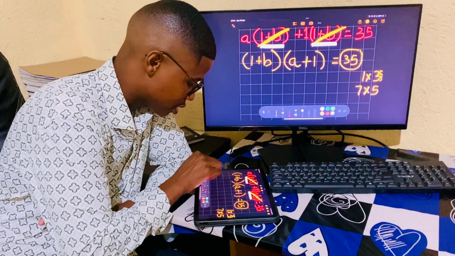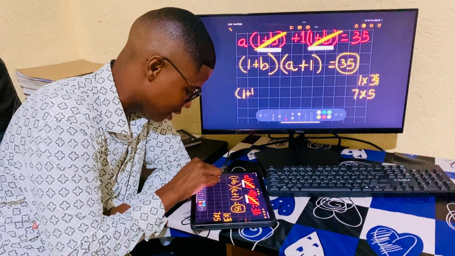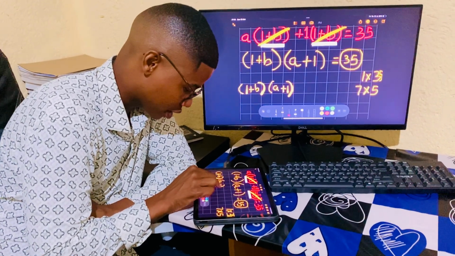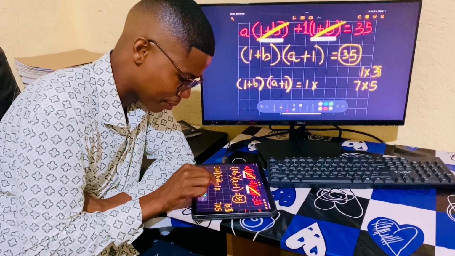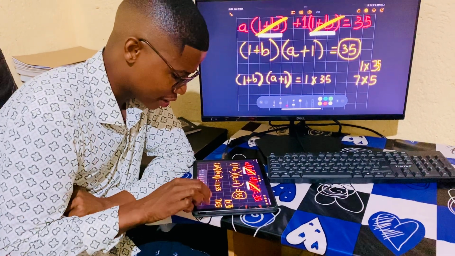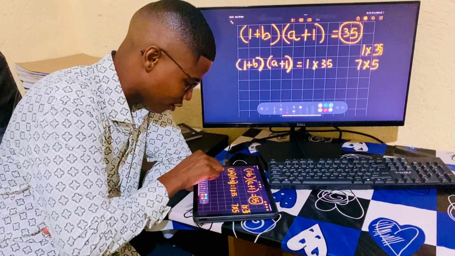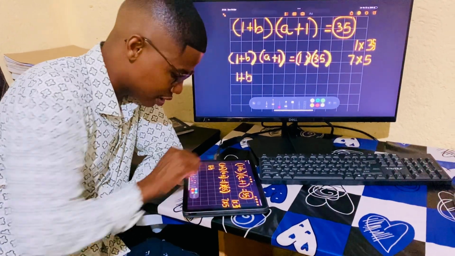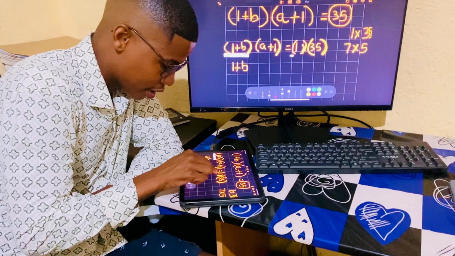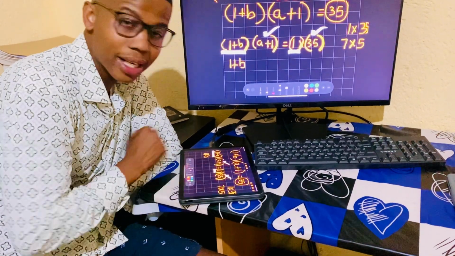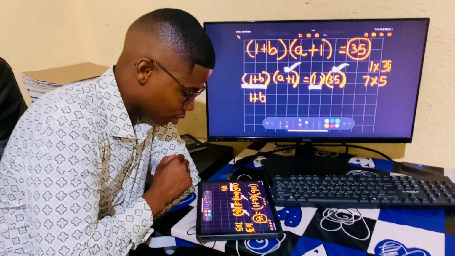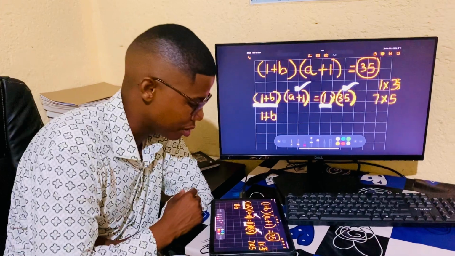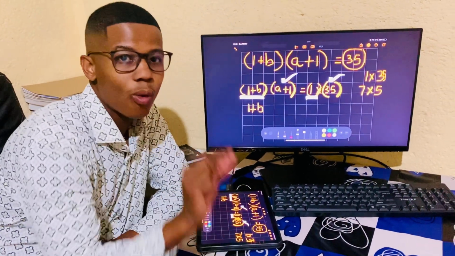All right. So now my solutions are either going to be 1 plus B, and A plus 1, equals 1 multiplied by 35. Let's see if this is true. You can see that this bracket can go with that bracket, and this bracket with that bracket, or even the second bracket goes with the first, it doesn't matter, because you have 1 plus B and A plus 1.